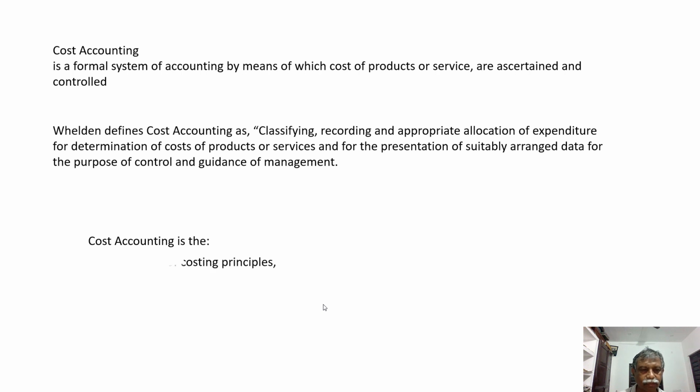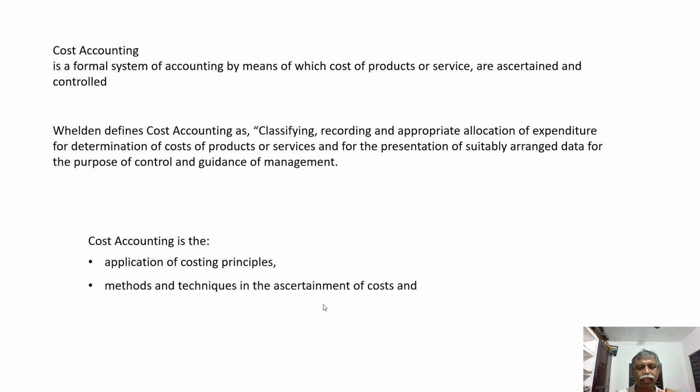Clear? So cost accounting is application of costing principles. Cost accounting, there are principles. Financial accounting also principles are there. Similarly, in cost accounting, principles are there. It's methods and techniques in the ascertainment of cost. There are methods and techniques. There is a method of calculating it. There's a technique. Process costing is a technique.